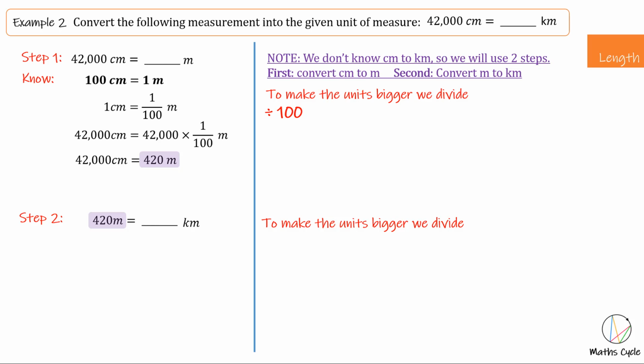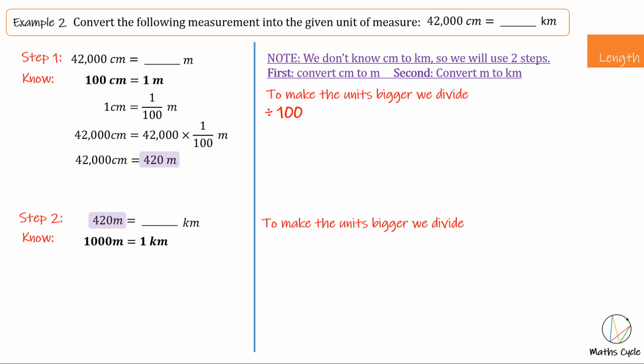Now I'm going to have to take that 420 meters and bring it into step 2. So step 2, change those meters into kilometers. Okay. So again, we're going from meters to kilometers. We're making the unit bigger, so we'll be dividing. What do I know about meters and kilometers? I know that there's 1,000 meters in 1 kilometer.